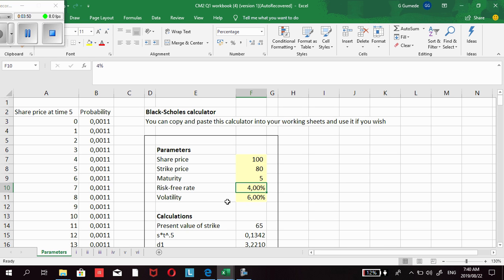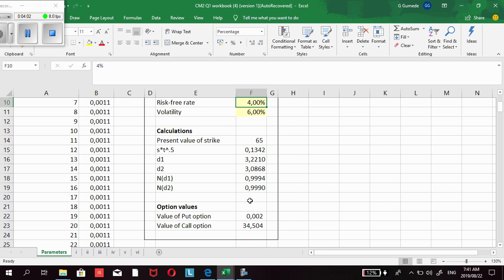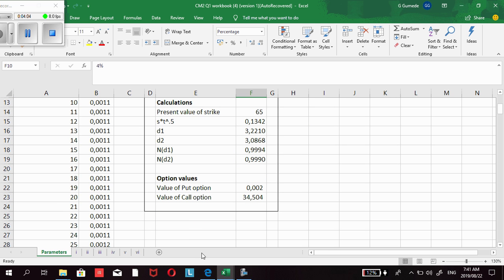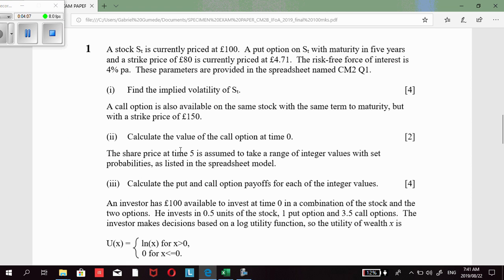In place of volatility, I'm going to substitute any value, and I'm going to goal seek volatility. Now if you look here, you are given the price of the put option. Okay, this is a put option.